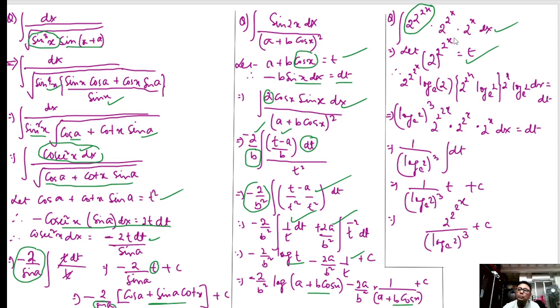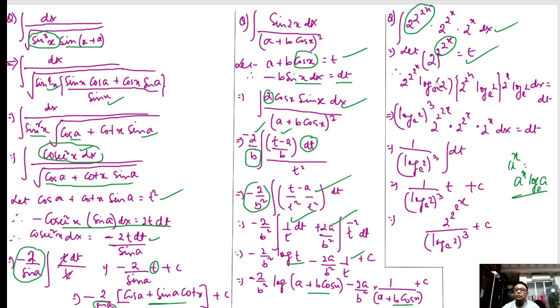So 2 to the power of this, it is looking like a to the power x. Differentiation of a to the power x is a to the power x log a. So here we are writing log e a, whatever it is.